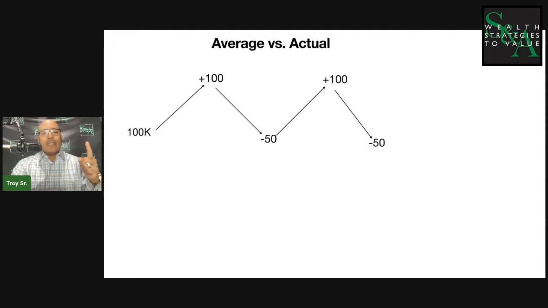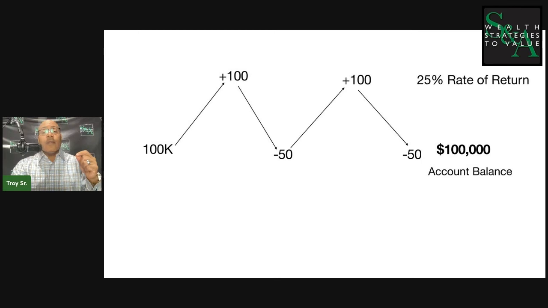But what you don't see is what's your actual account balance. Ladies and gentlemen, what did you start with? You went up 200,000. You went down 100,000. You went up 200,000. You went down 100,000.